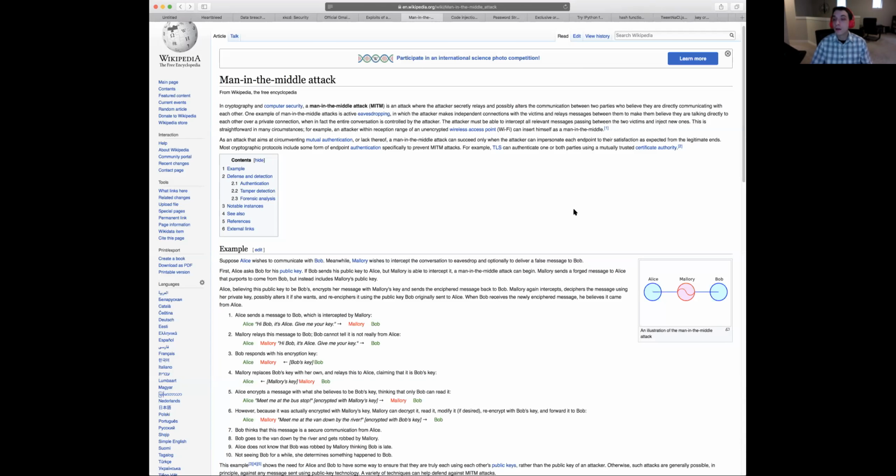Another sort of attack, as I alluded to earlier with availability, is denial of service. Specifically, though, what's common these days is called distributed denial of service. And distributed here means, first off, the way denial of service generally works is you flood something. You send a whole bunch of requests.